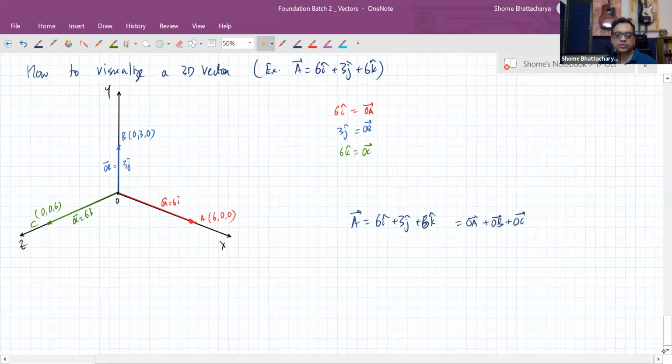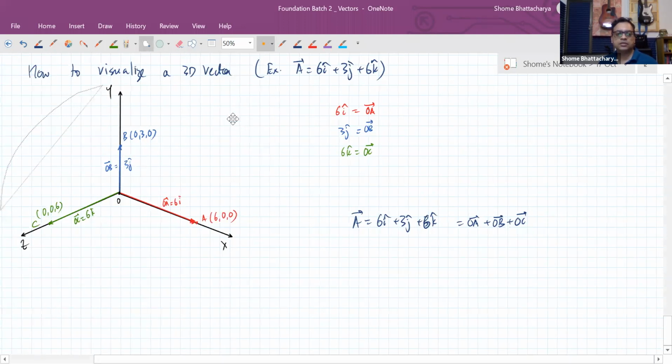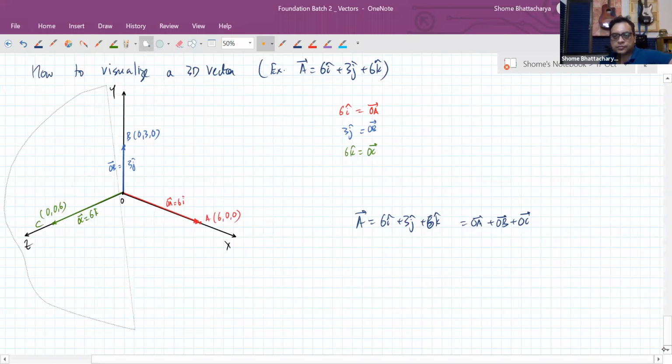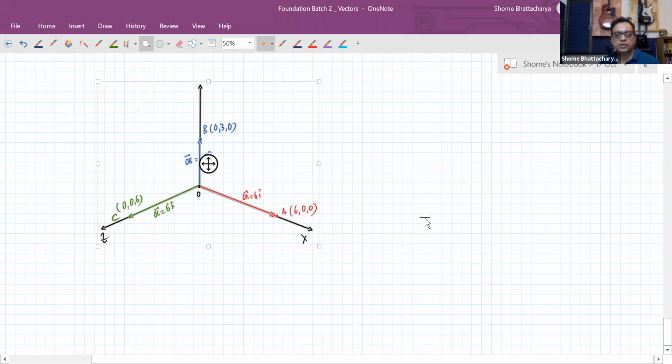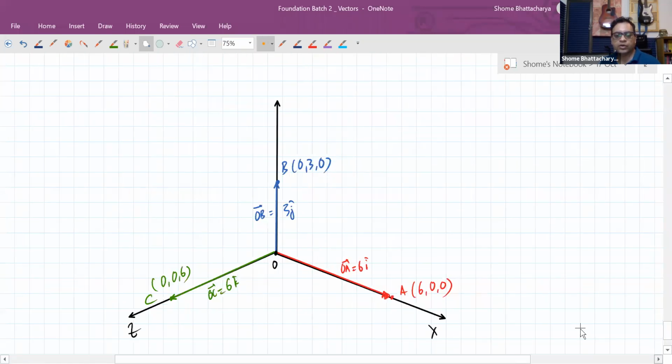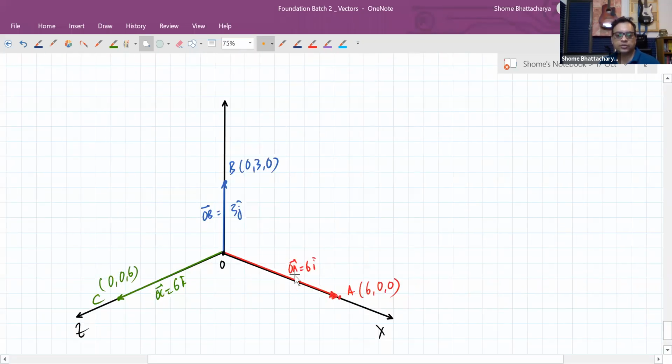Let's try to understand. Simultaneously from this diagram, let's construct another one. Let's keep this diagram this way only. Now what we'll do is add these vectors OA, OB and OC.